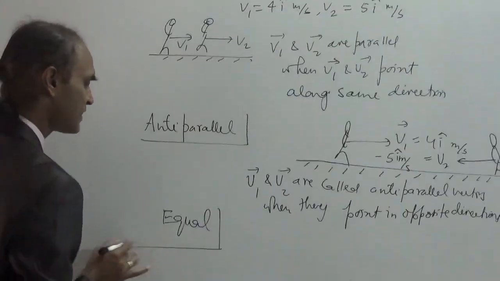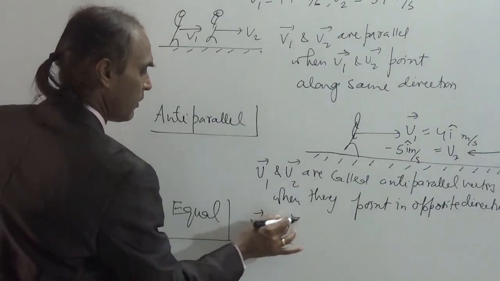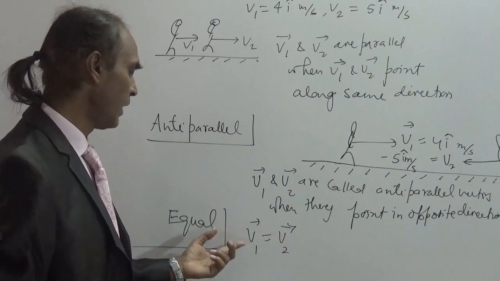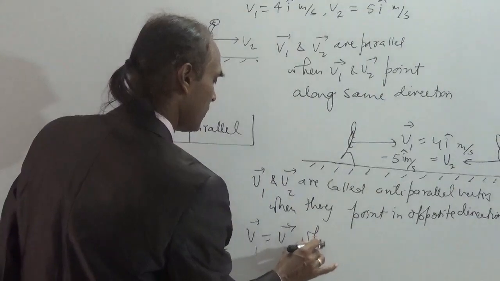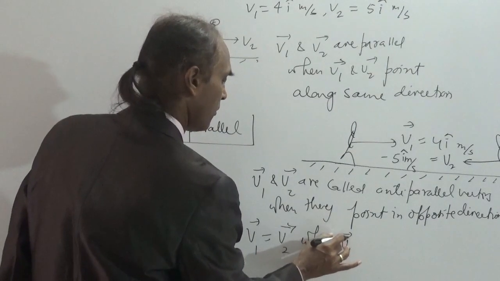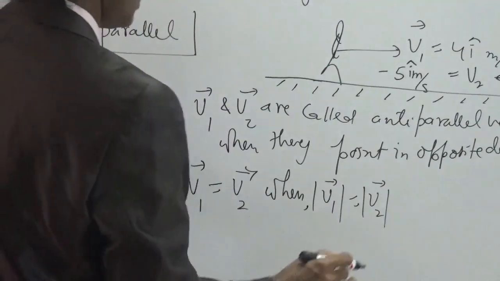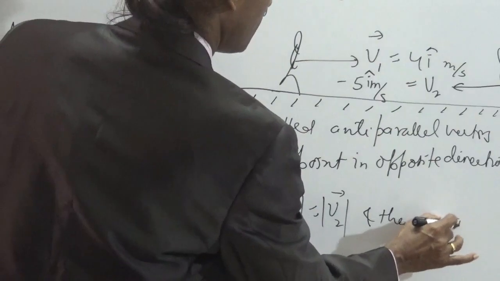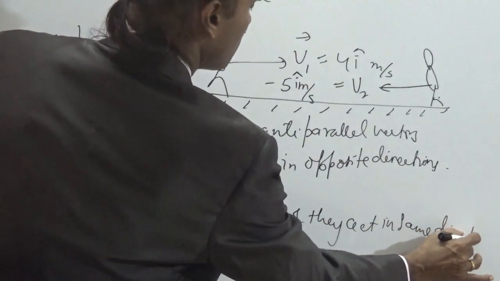So equal vectors have both the same magnitude and the same direction. v1 is exactly equal to v2 when the magnitude of v1 is equal to the magnitude of v2, and they act in the same direction.